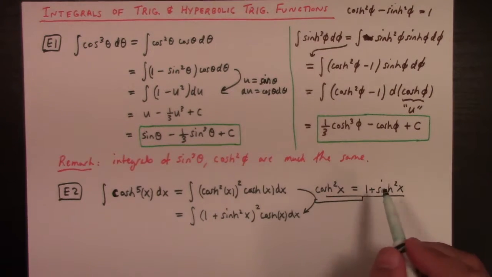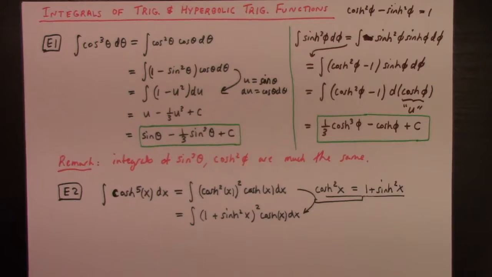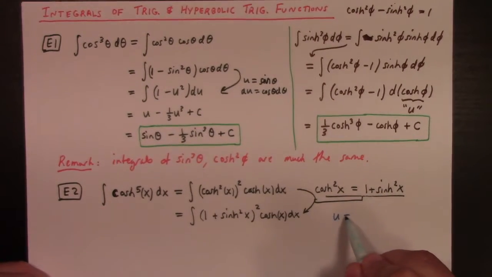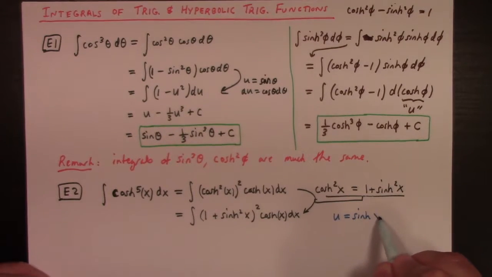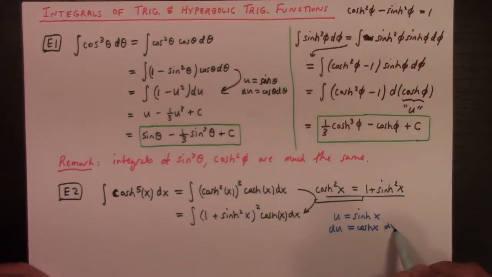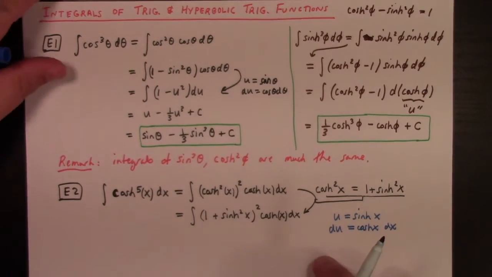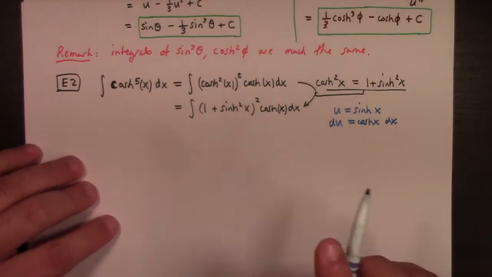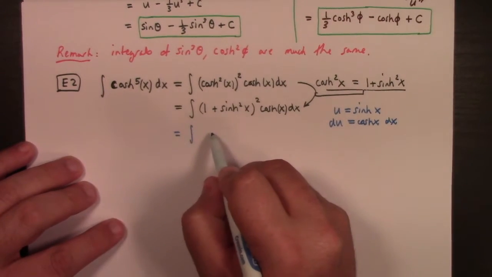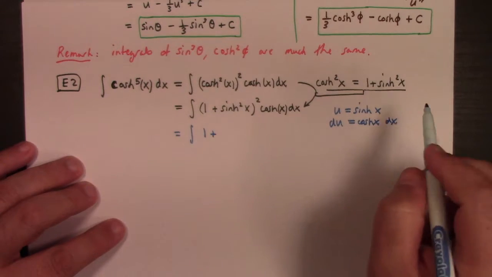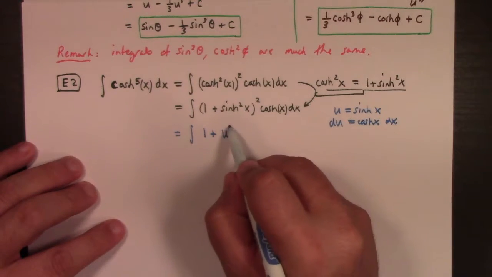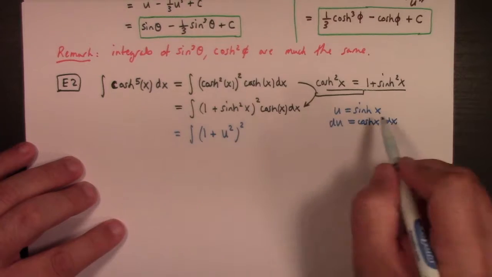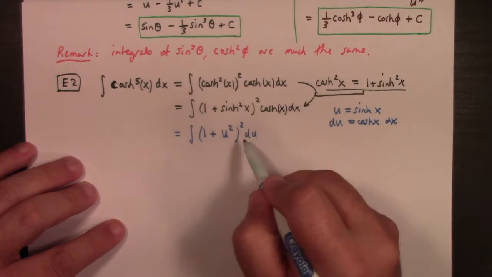And then, if I let u equal sinh x, that means du is cosh x dx. And what does that give us? That gives us the integral of 1 plus u squared, quantity squared, times du, right?